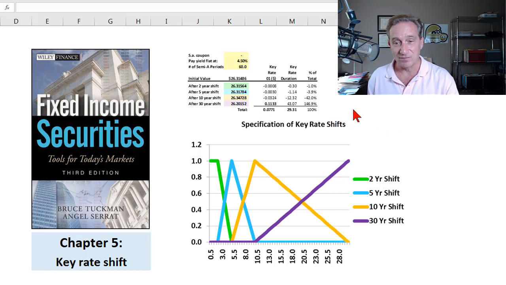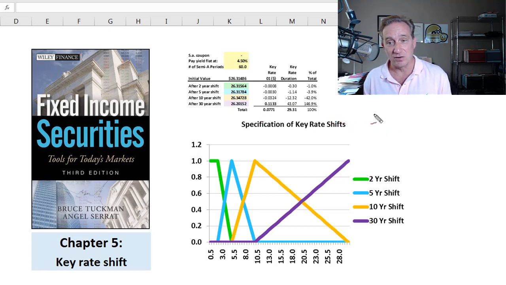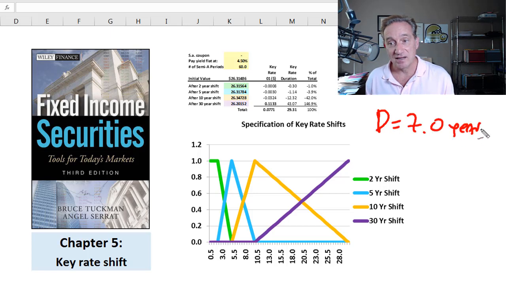Why we do it, briefly, is that if we had a portfolio manager and a more typical duration analysis, she might hedge or neutralize that interest rate exposure by determining that the appropriate duration is, say, 7 years. And in fact, that will be a good hedge, but only if the term structure shifts in parallel.